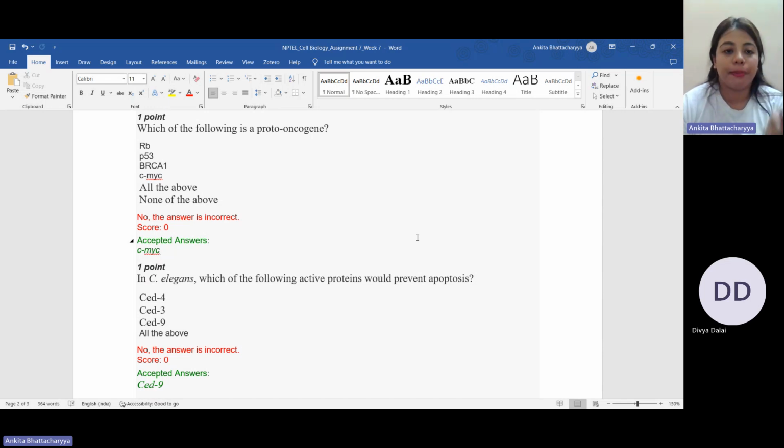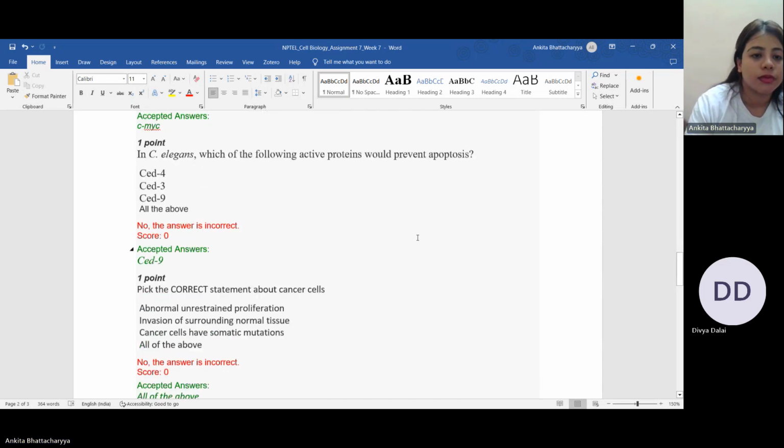So PRB and P53 are tumor suppressors. BRCA1 has a different role: it has a role in DNA repair, acting as a sensor of DNA damage and bringing the repair machinery to identify that error and correct it. So among these, the proto-oncogene is only c-Myc, and it was in fact even present in the circuitry schematic that I showed you.